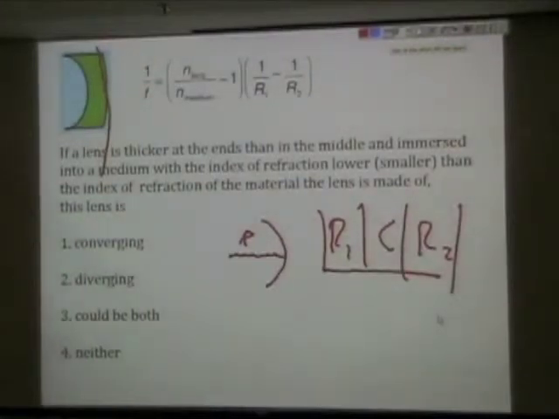Now, if you want to make an estimation for this thing, we need to use actual values for each radius, which means it might be a positive number or it might be a negative number. For a concave surface, the radius is what?